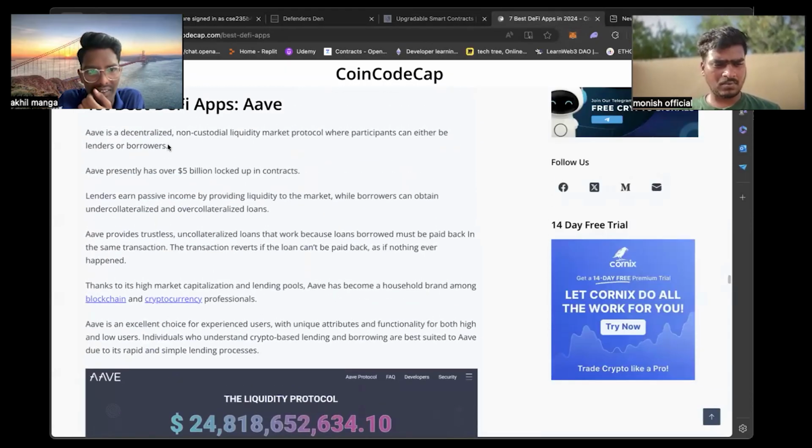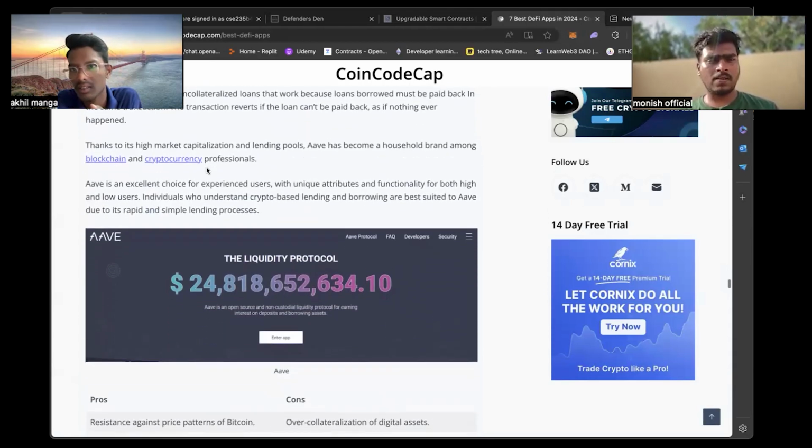One is Aave. Aave is a decentralized non-custodial liquidity market protocol where participants can either be lenders or borrowers. We can take a loan from Aave, and the platform is available 24 hours.